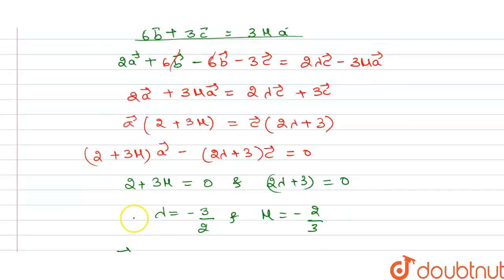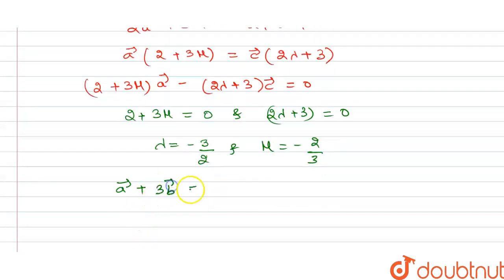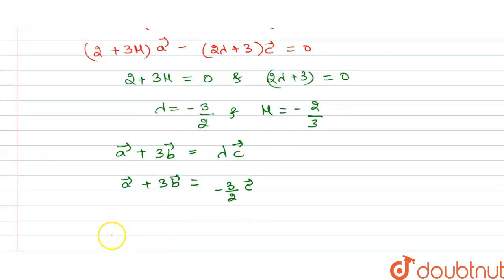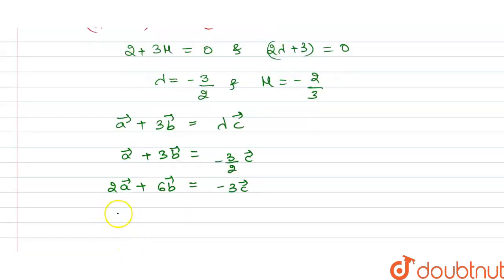We can write a plus 3b is equal to lambda c, that is minus 3 by 2 times c. Multiplying by 2, we get 2a plus 6b equals minus 3c. So from here 2a plus 3c is equal to 6b.